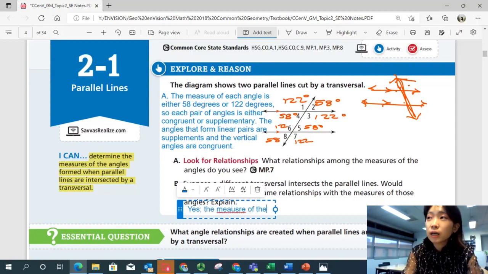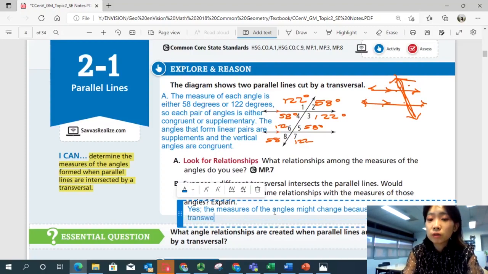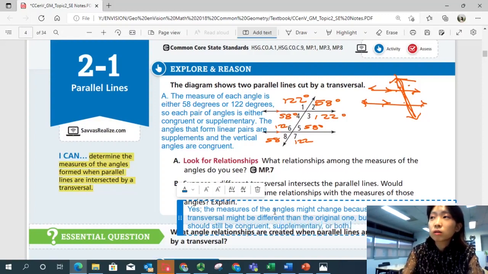So yes, the measures of the angles might change because the slope of the new transversal might be different, but the pairs of angles should still be congruent, supplementary, or both, right?